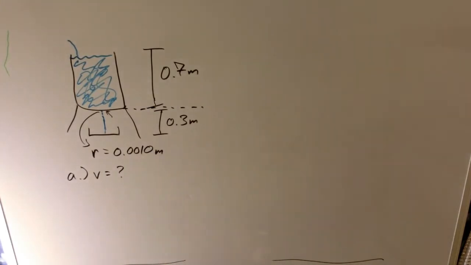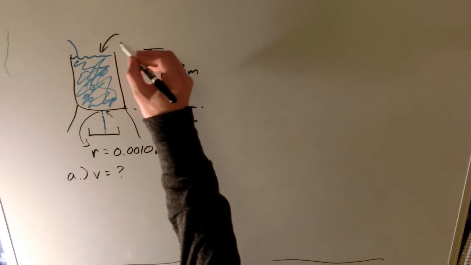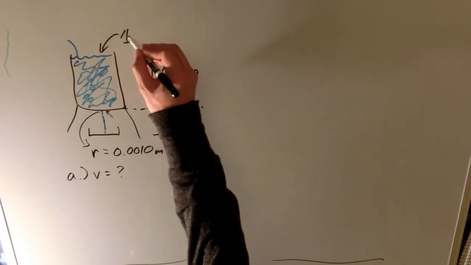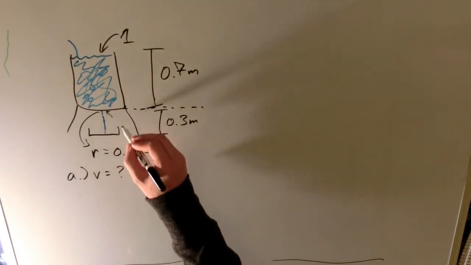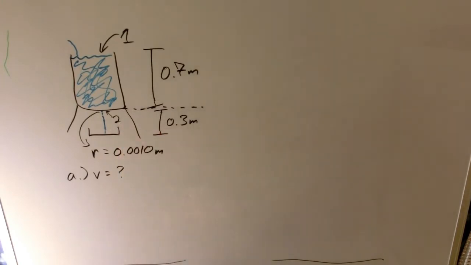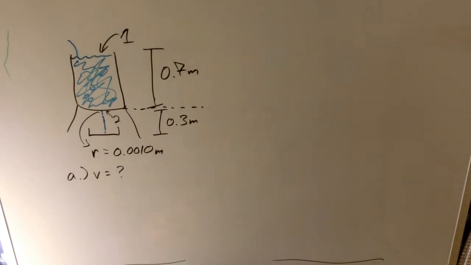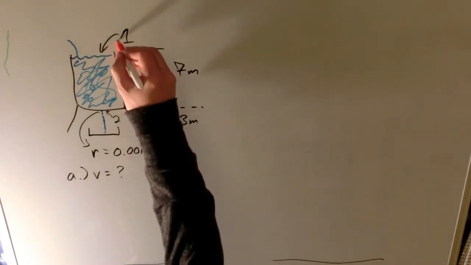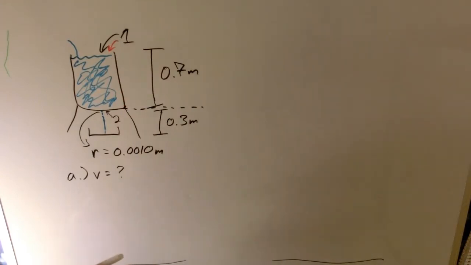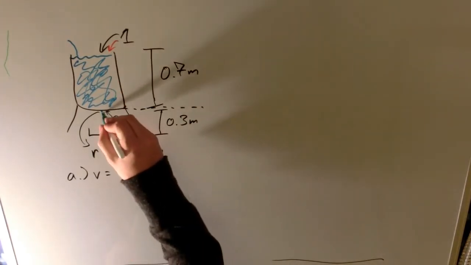Okay. So how we're going to approach this is we're going to use the Bernoulli equation. So, we've got water up here at point number 1, and down here at point number 2.